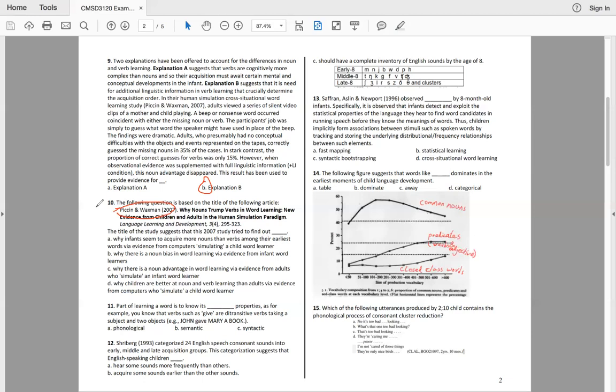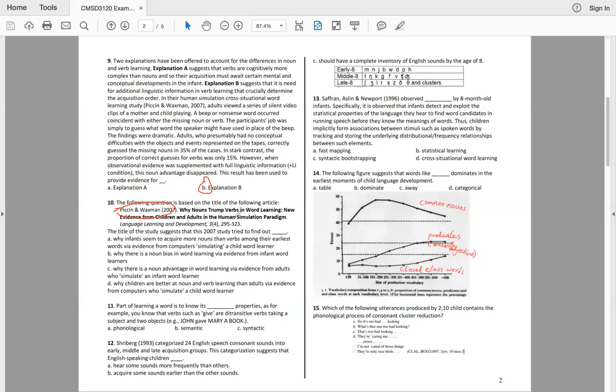Question 10 is again based on the same study. The right answer, we talked about this in class. This study, why nouns trump verbs in word learning, first of all, this study is about the noun advantage or noun bias in word learning. And the new evidence from children and adults in the human simulation paradigm.